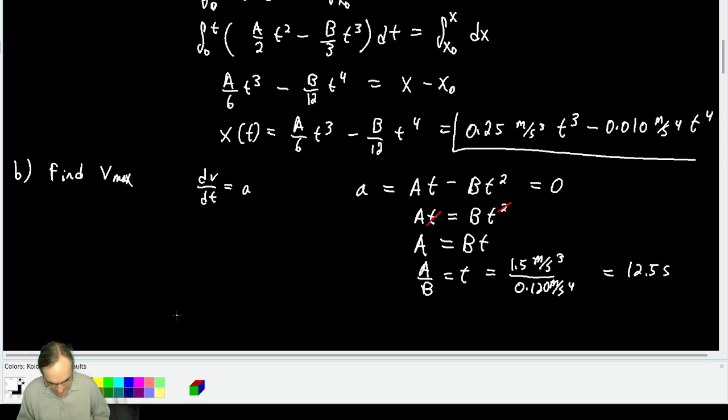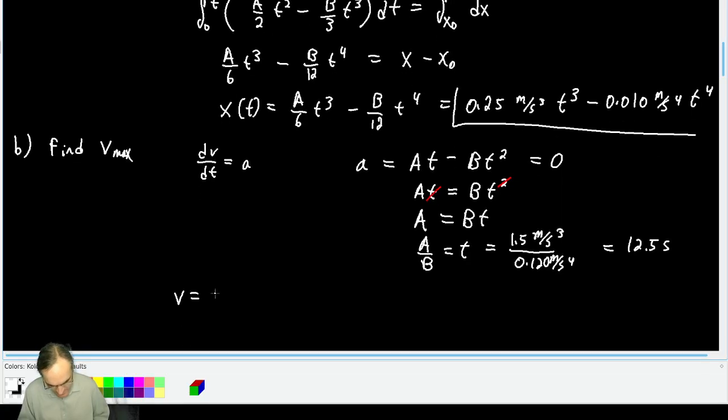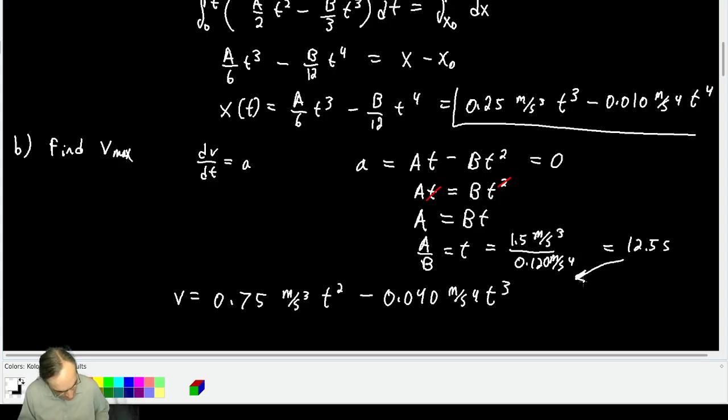All right, we can now take that 12.5 seconds and plug it back into our equation from part A. So 0.75 meter per second cubed t squared minus 0.040 meter per second to the fourth t cubed. We'll put this in for our t and we'll get our answer.